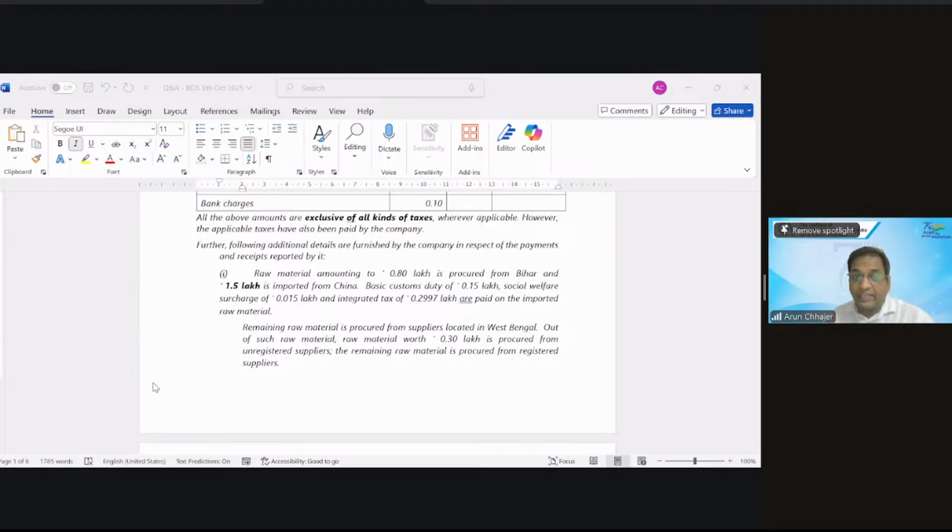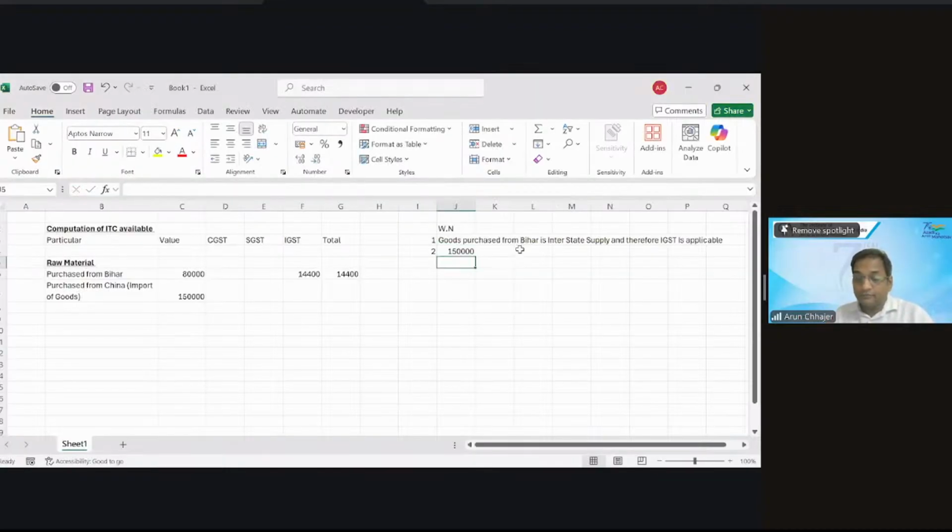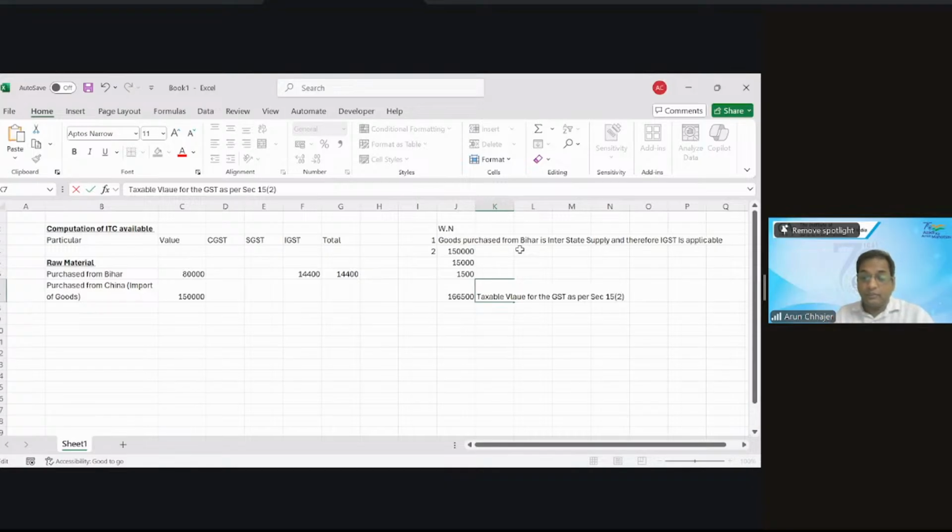Saminathan, as you have correctly calculated, what you have done? 1,50,000. Then you will add 15,000. Then you will add 1,500 social welfare cess. This is the taxable value for the purpose of GST, as per section 15(2), clause A, very specific clause A. Saminathan, you also calculated in the same manner, multiplied by 18%.